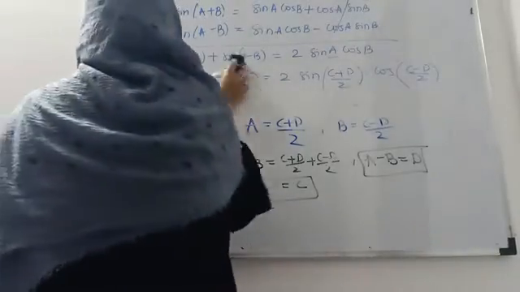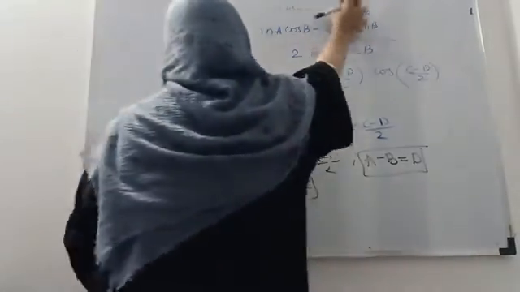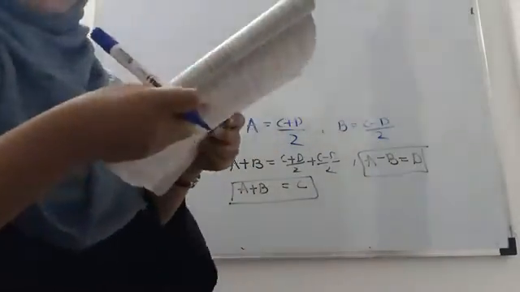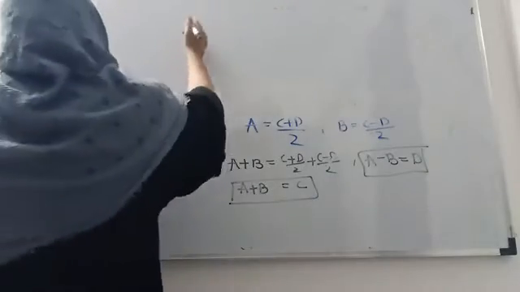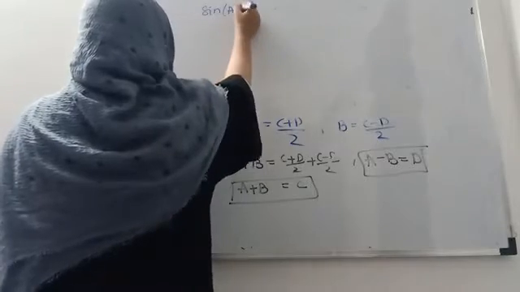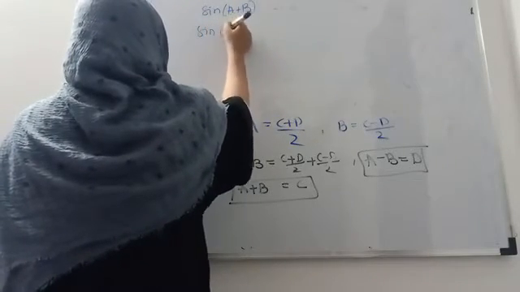Now, we will solve the second formula. Okay. So, in the second formula, it is minus. We have to just use minus instead of addition, we have to do subtraction.